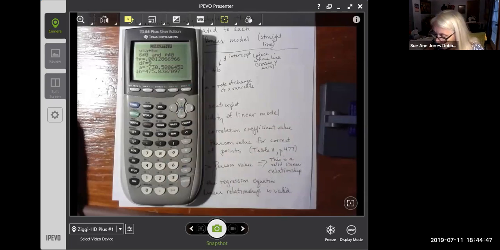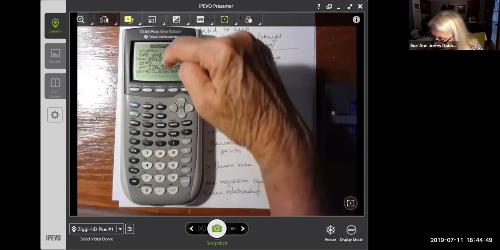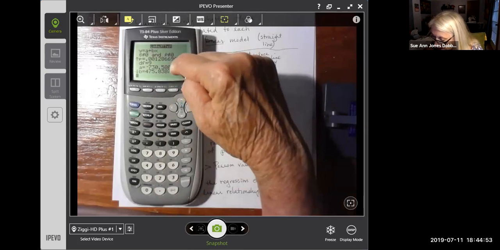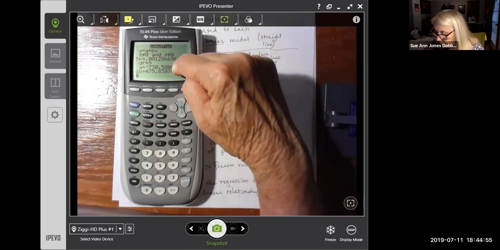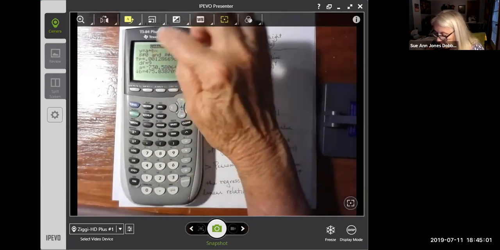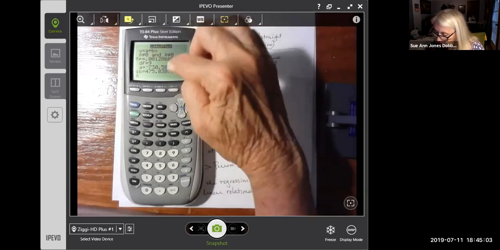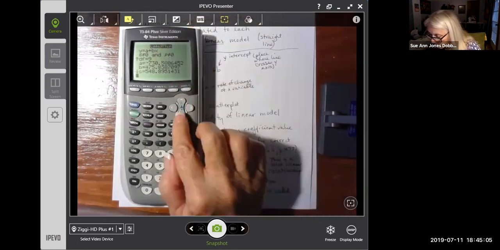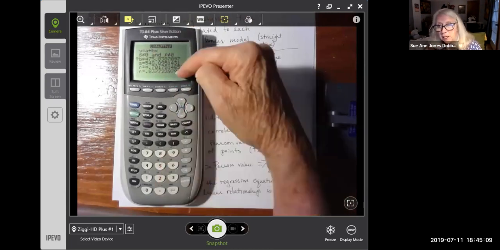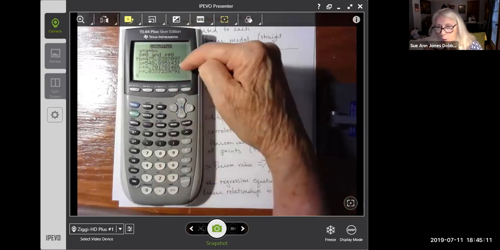But this is your A and B values. So B is the slope here. A is the y-intercept, and there is the linear model. When you look at this, you can also see it always gives you R and R squared.